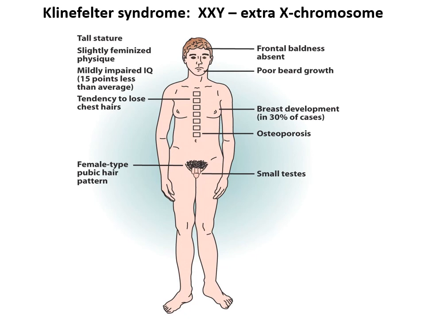Typically, their IQ is either normal or just slightly reduced. Okay, so there's not a lot of mental delay associated with this condition. And they have a tall stature, so they're on the tall side. And just remember, because of that X chromosome, they have feminized characteristics.